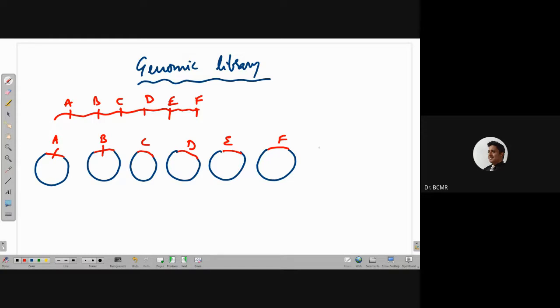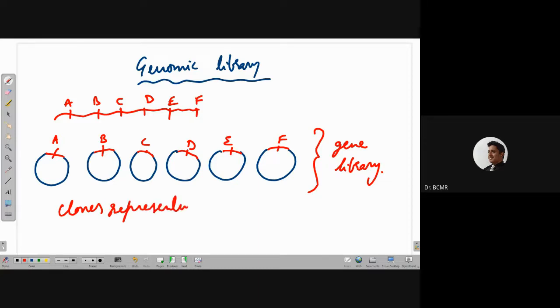That is a gene library, or genomic library. If you want to define it from the concept that I have illustrated as a figure here, then we should say it is a collection of clones representing all the genes.